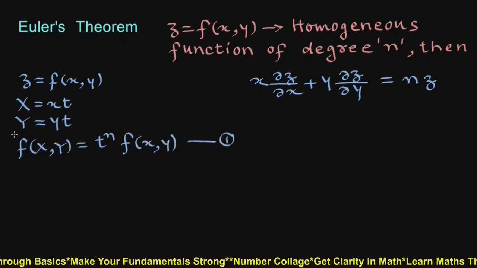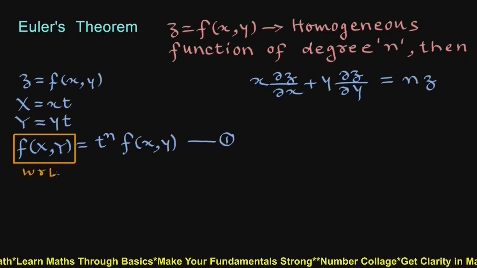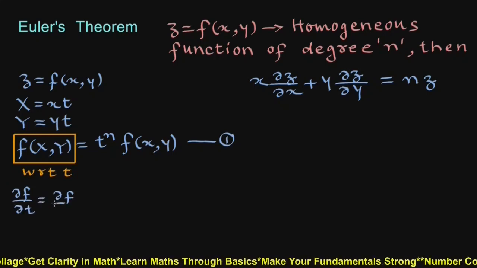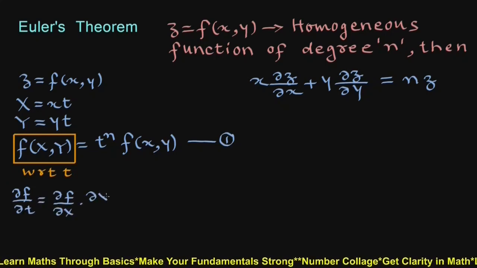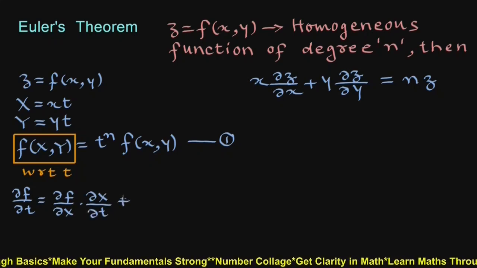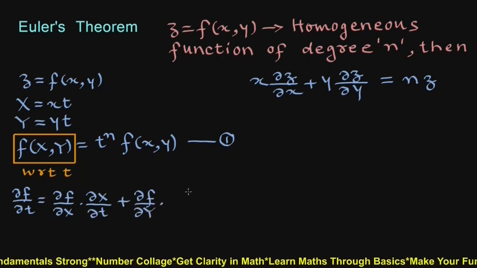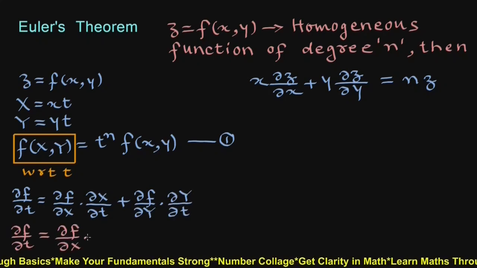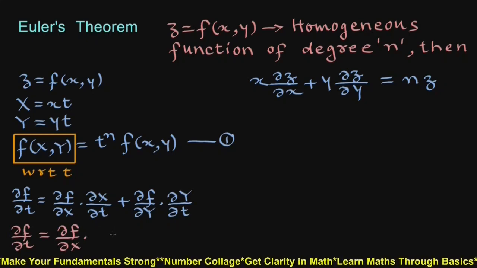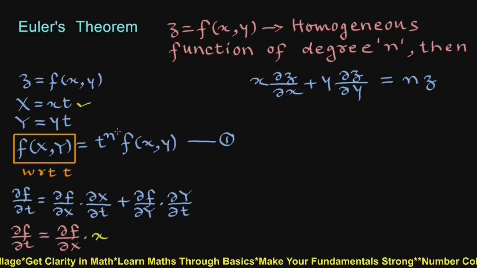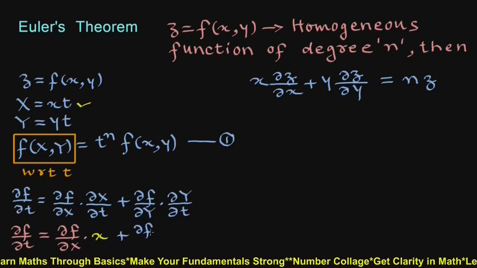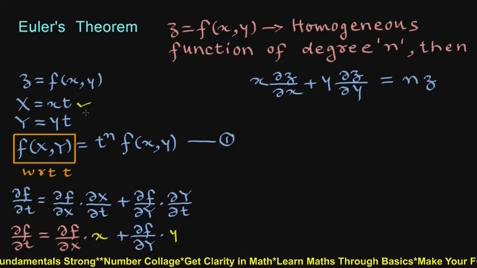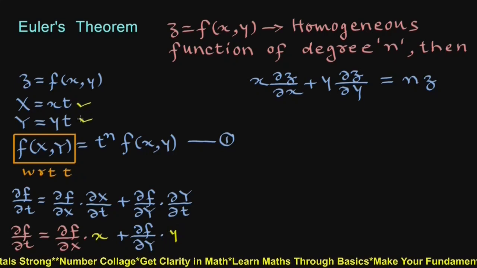Now we will differentiate the left side with respect to t, which will be ∂f/∂t equals ∂f/∂x into ∂X/∂t plus ∂f/∂y into ∂Y/∂t. ∂X/∂t will be small x because X is xt, plus ∂Y/∂t will be small y because capital Y is yt.